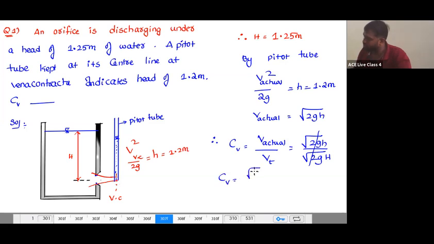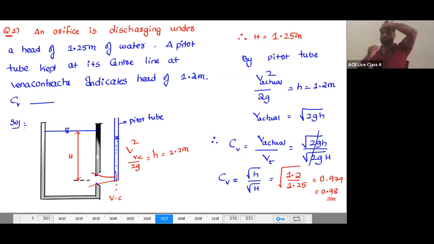Cv is equal to root h by root capital H. So square root of 1.2 by 1.25, this is going to be 0.979 something. So the answer is 0.98. The value of Cv is going to be 0.98.